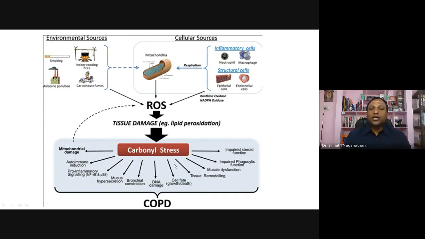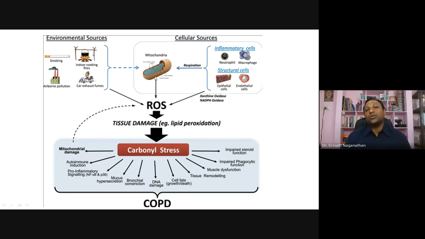You can see here in this particular scenario, the environmental sources are smoking, indoor cooking fires, airborne pollution, and car exhaust, and it actually damages the mitochondria. Also, inflammatory cells like neutrophils, macrophages, epithelial and endothelial cells, through xanthine oxidase and NADPH oxidase, will have the ROS system.